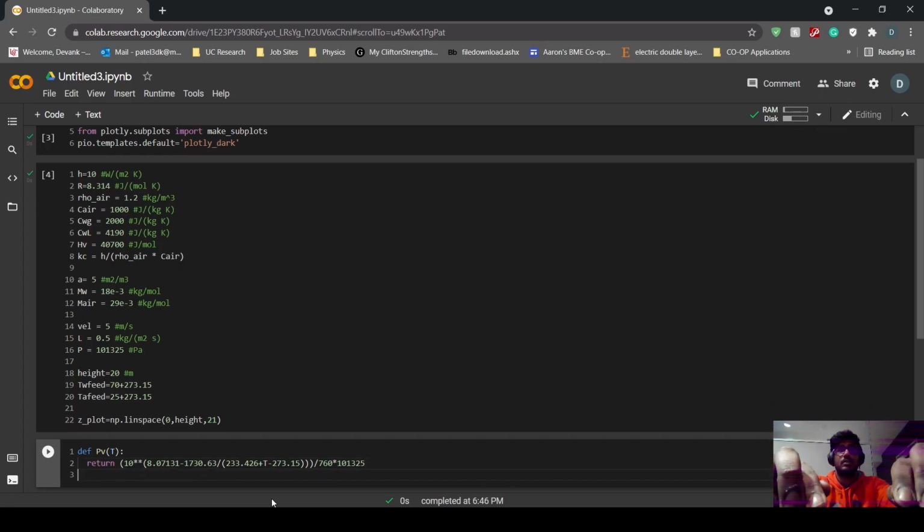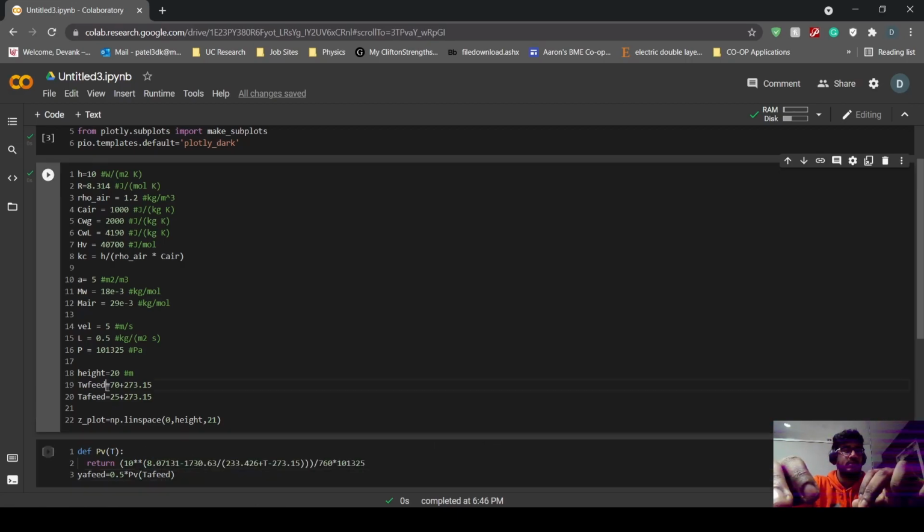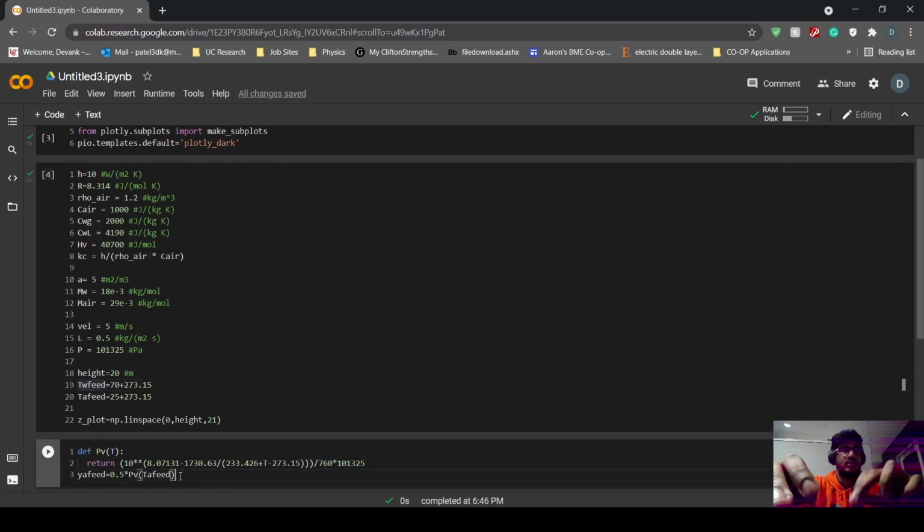So outside the function, what we want to do is define our mole fraction of water in the feed. So we're going to say YA feed, and that's going to be equal to 0.5, which is the relative humidity given in the problem, 50%, times PV, which is the function we just defined, and inside the temperature, we're going to say TA feed, which is defined up here, 70 plus 273.5.